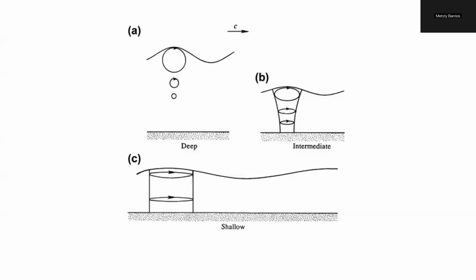Bigger than one. So h over lambda is bigger than 1.